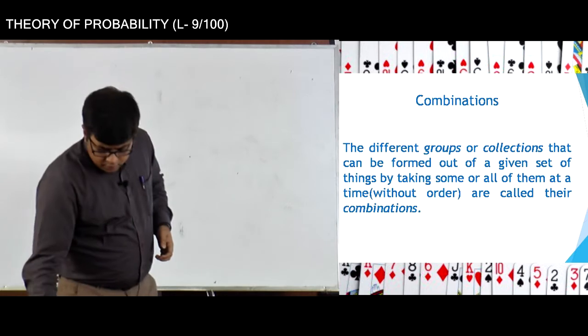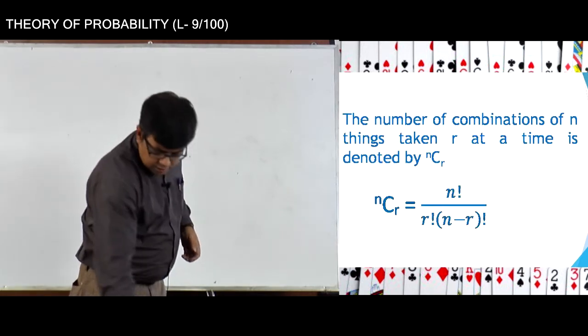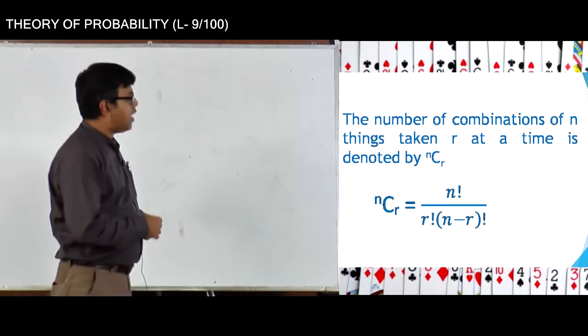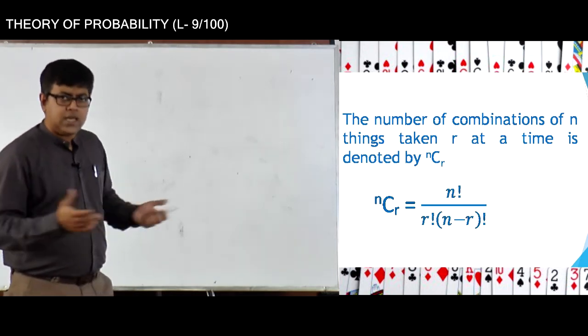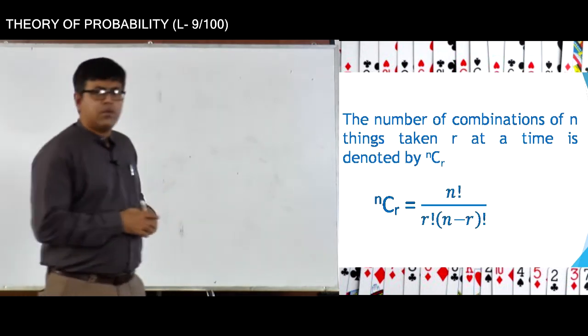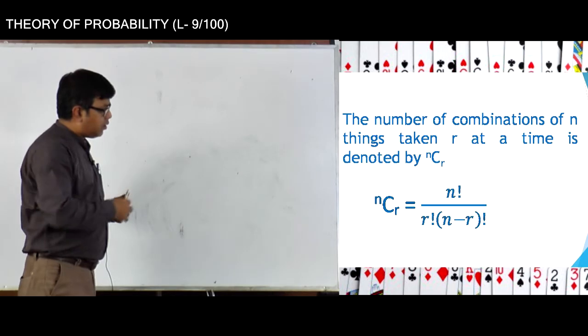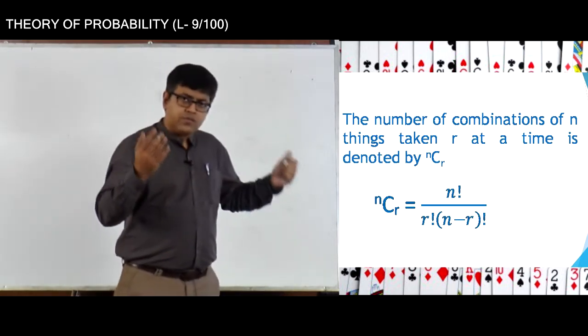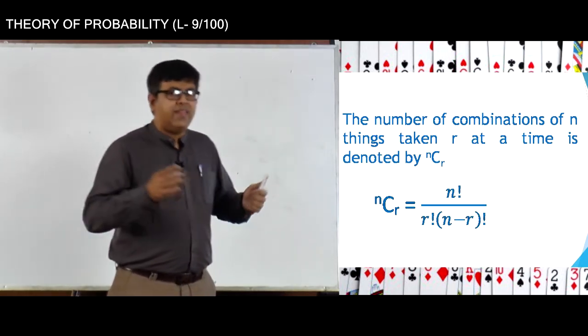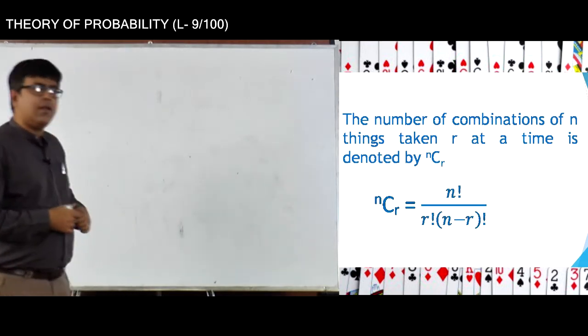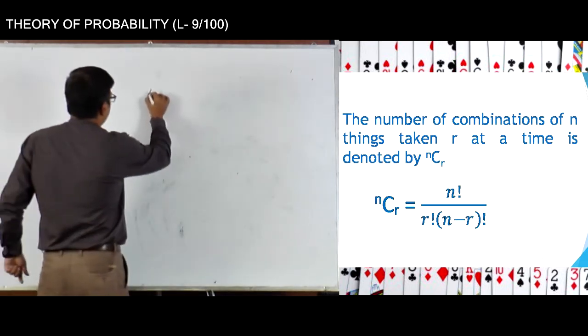Now, the basic principle of this combination is the NCR principle. Now, what is this NCR? Selecting R things from N things is denoted by the symbol NCR.